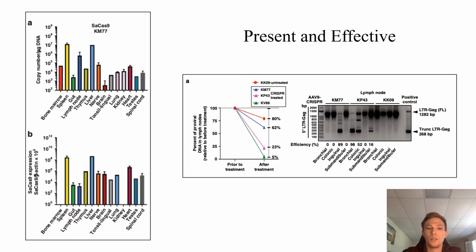KK09 saw a 20% reduction in viral load, while the monkeys that received both ART and CRISPR saw as much as 95%.